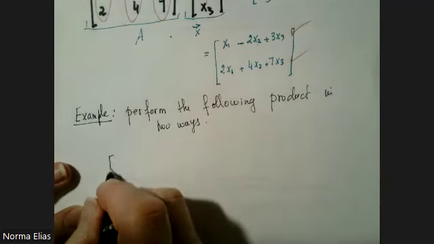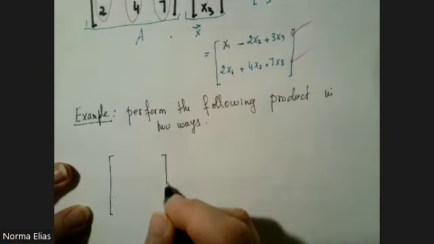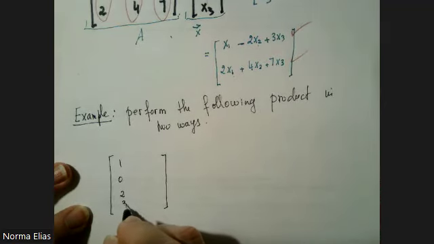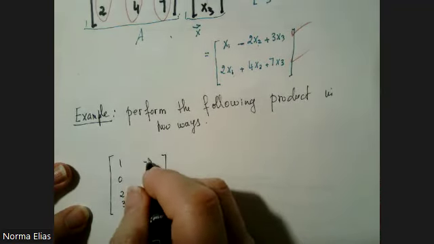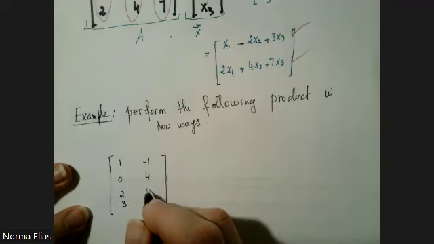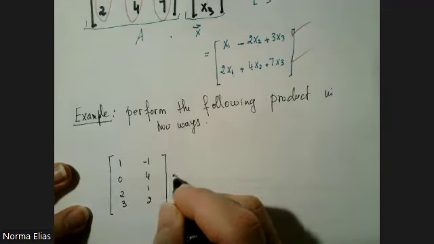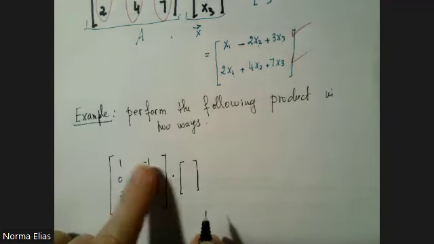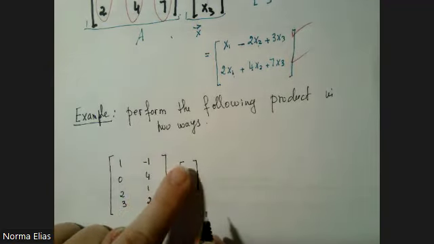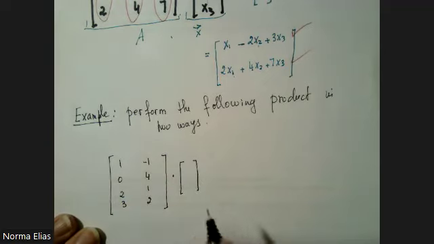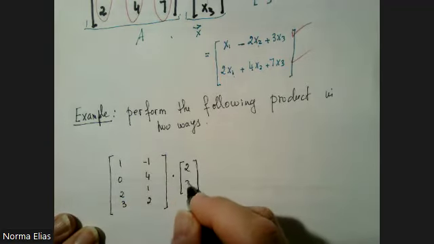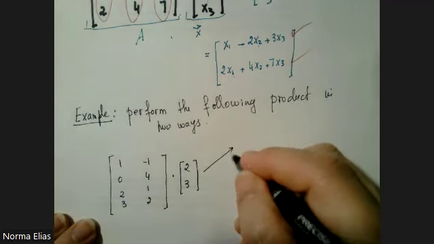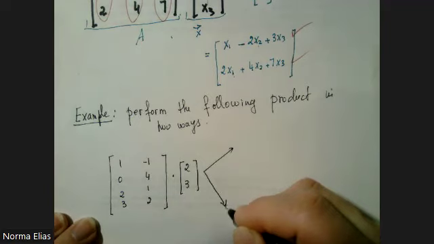I'm going to take this matrix with rows 1, minus 1; 0, 3; 2, 1; 3, 2. I'm just making up numbers. And I'm going to multiply it by a vector. Because I have two columns, I only have to have two entries. Otherwise, the product will not be defined. Then I'm going to do it in two ways.